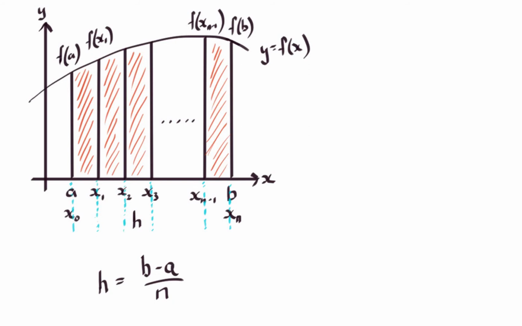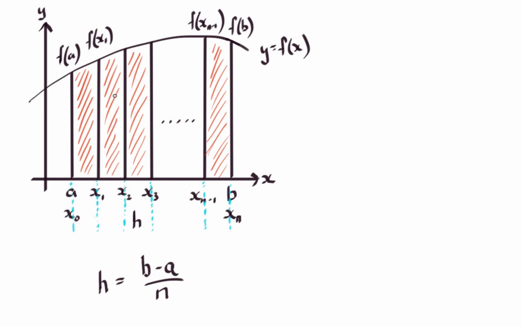And finally, before we write down this formula, remember in the previous example how we got x1, this length here, this f of x1, it was used twice, right? Because it was part of the first trapezium and the second trapezium. Well, now the same thing is going to happen, but also with f of x2.